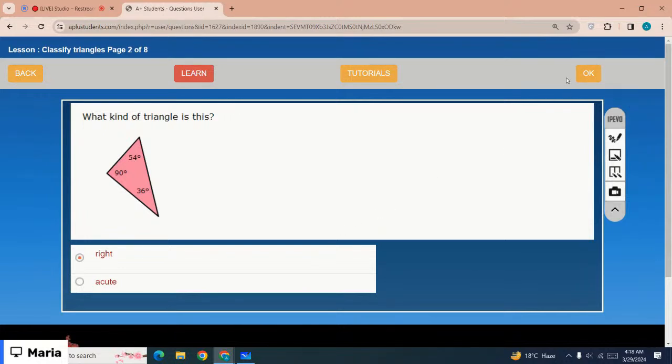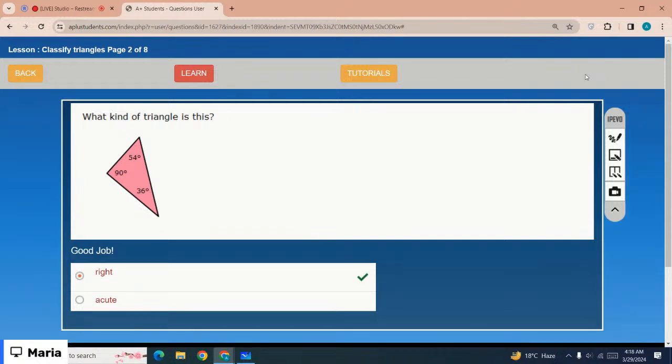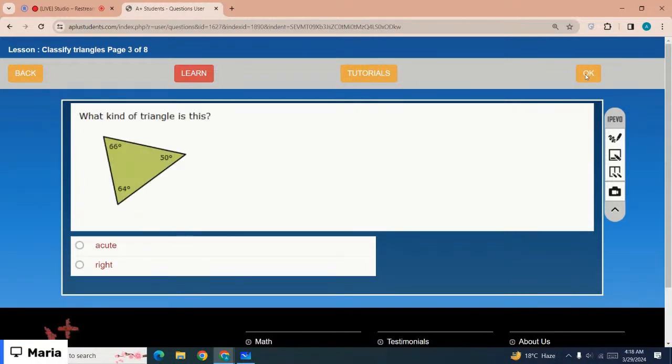It is very good. What kind of triangle is this?